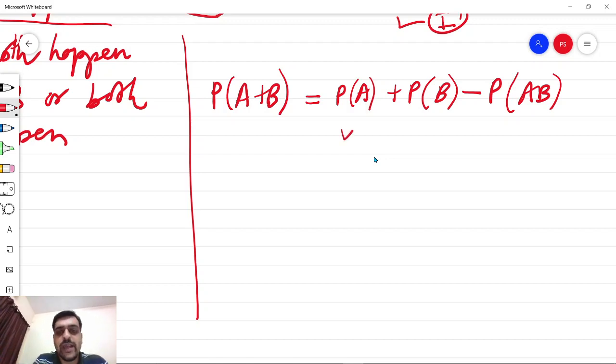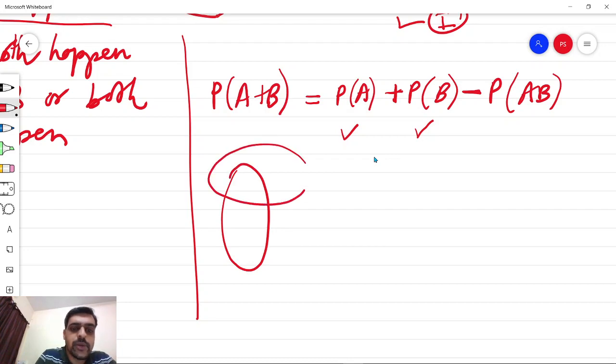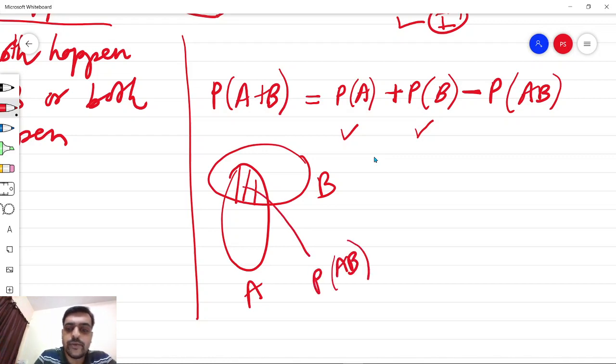So P of A counts the probability of happening of event A. P of B counts the probability of happening of event B. Since A or B both are allowed to happen, we are going to add the two probabilities. But we should note that we have to subtract the intersection part of A and B.